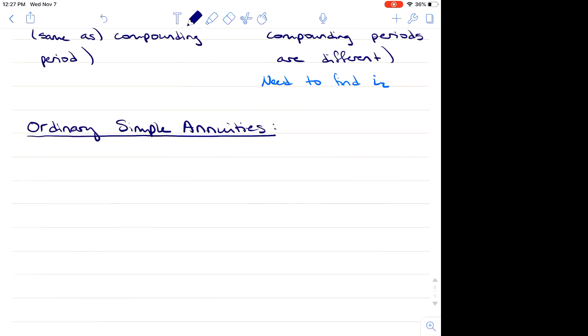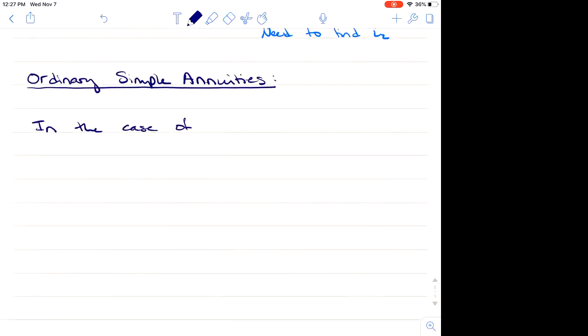So, in the case of n payments, remember n is now the number of payments. For basic compound interest, n is still the number of compoundings, but for annuities, now n is the number of payments. So in the case of n payments, we find the future value.